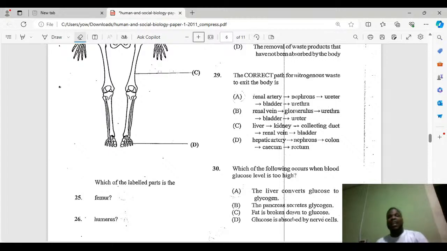So let me go over it again. Renal is kidney, hepatic is liver, gastric is stomach, and you know about the heart already and all of those. Everybody's supposed to be familiar with that.